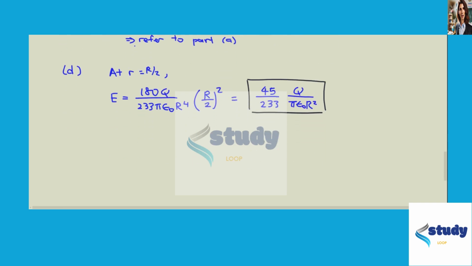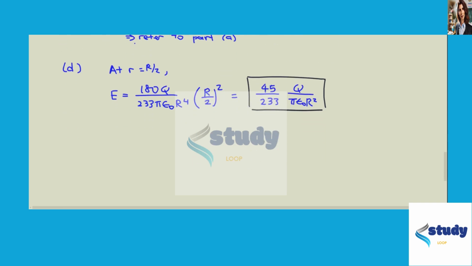Then in part E, we want to explain why, if we release an electron at any point in the three regions, the resulting motion is oscillatory but not simple harmonic.